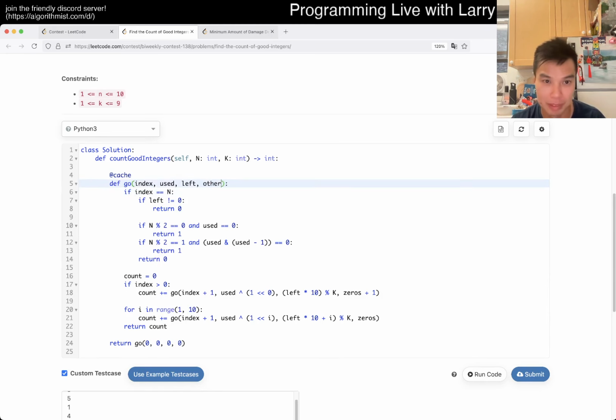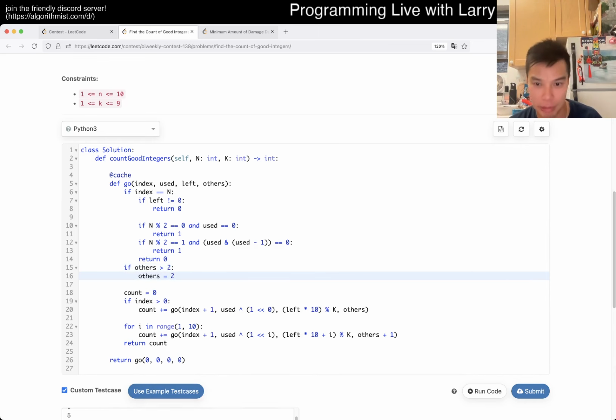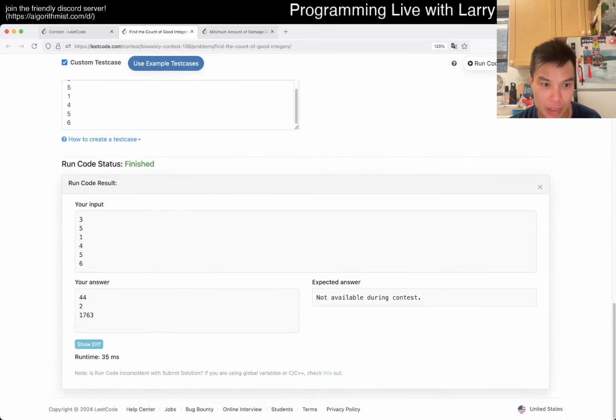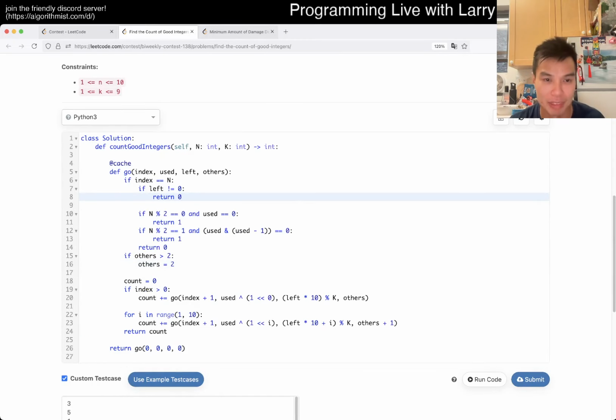Or others maybe? Others plus 1. If others is greater than 2, then others is equal to 2, just so that we minimize the search space a little bit. Okay, we fixed the 3 and 5. Oh wait, no we didn't. Oh, because we didn't check for this.